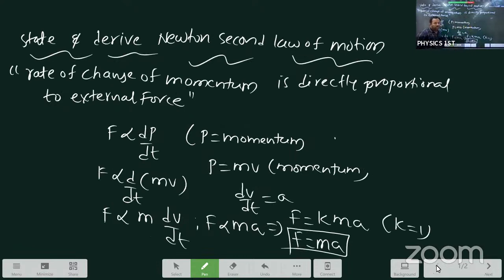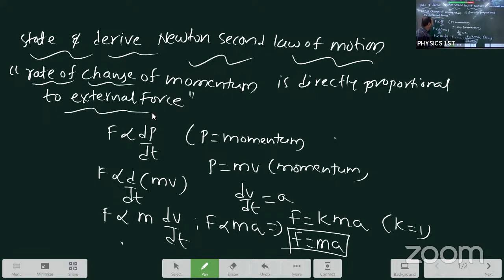This one is a 50-50 question for students: state and explain, with the derivation, Newton's second law of motion. Newton's second law: the rate of change of momentum is directly proportional to the external force.